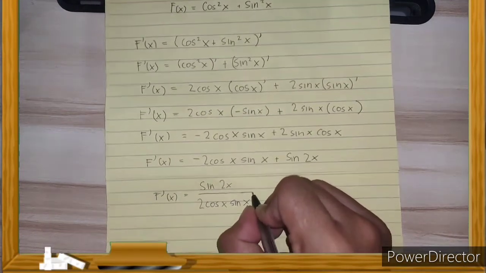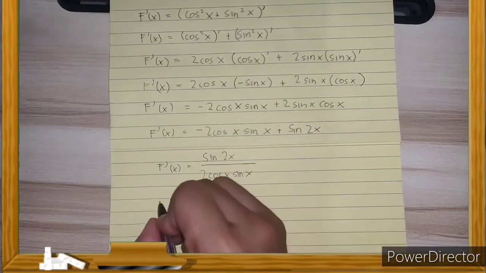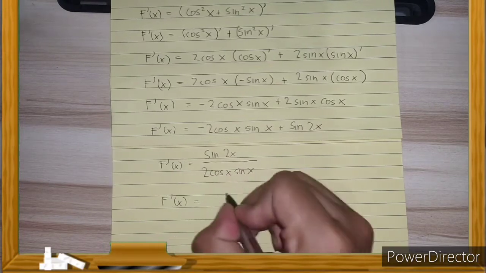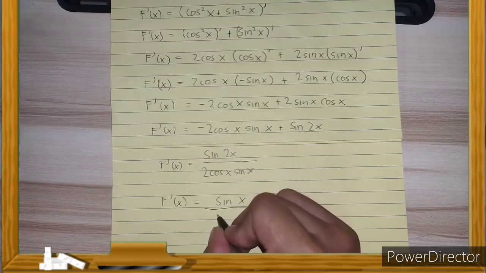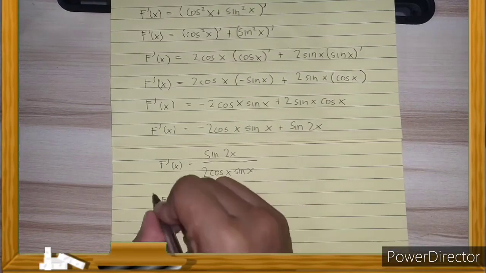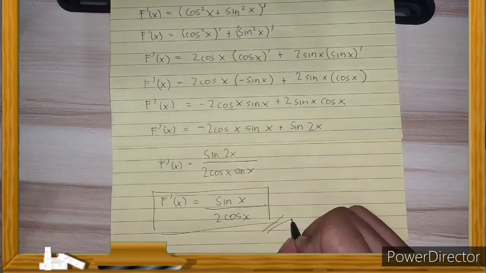So next thing to do is we need to simplify our sine. So our f prime of x is equal to sine x over 2 cosine x. So this is our final answer.